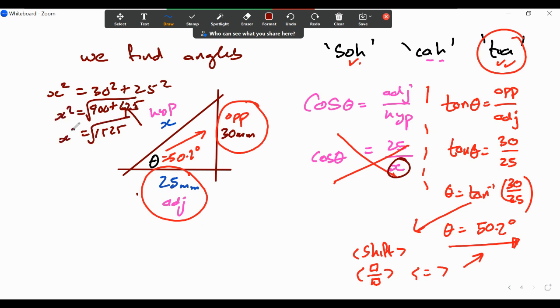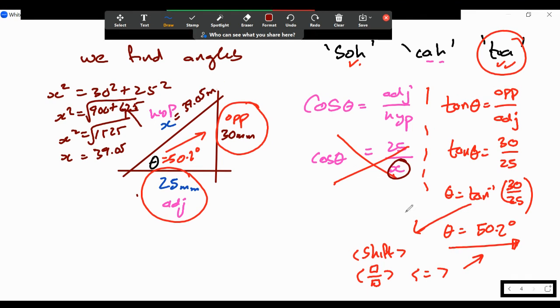But I'm just going to quickly work this out. Square rooting both sides, the square root of 1525 is 39.05. And so this is going to equal 39.05 millimeters for that length. This is 30 millimeters and this is 25 millimeters. All right.